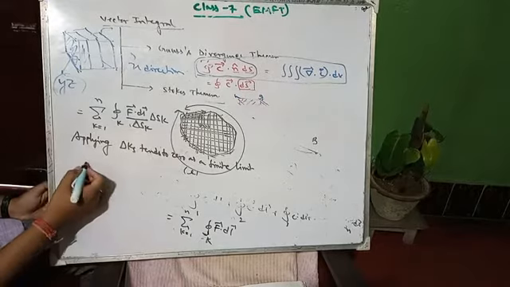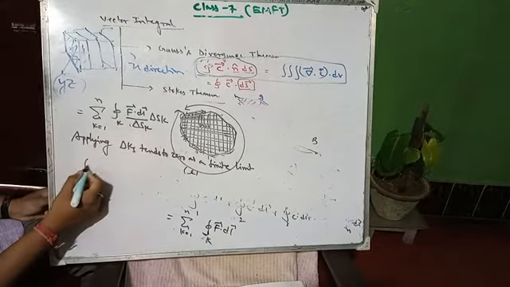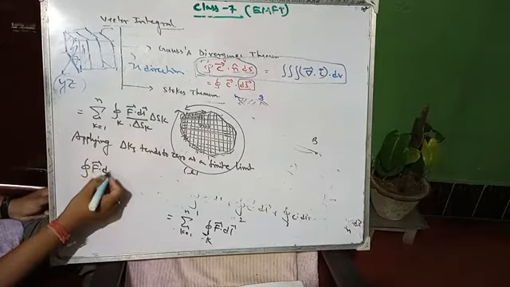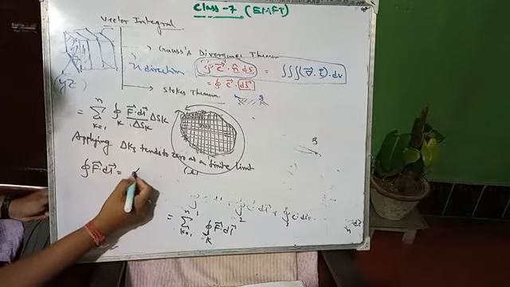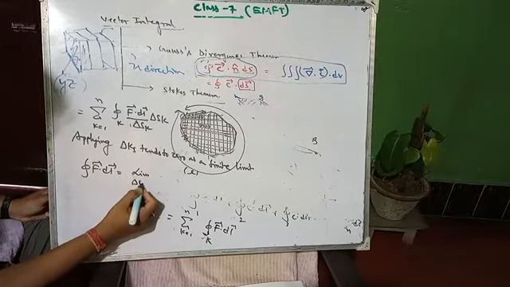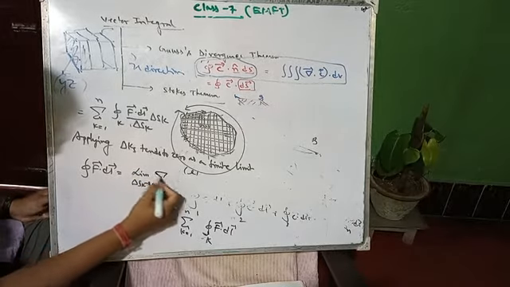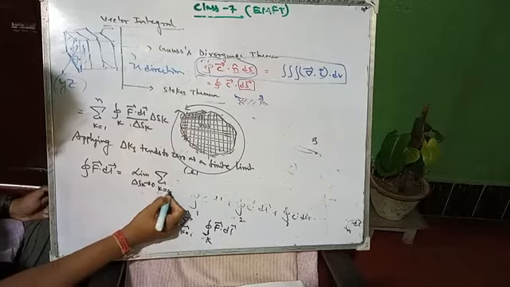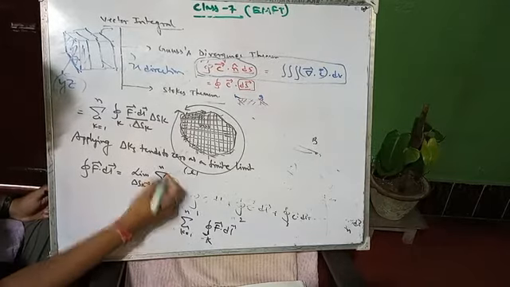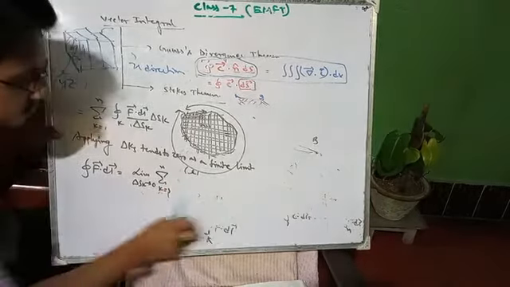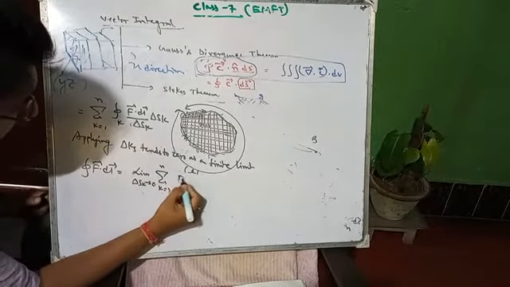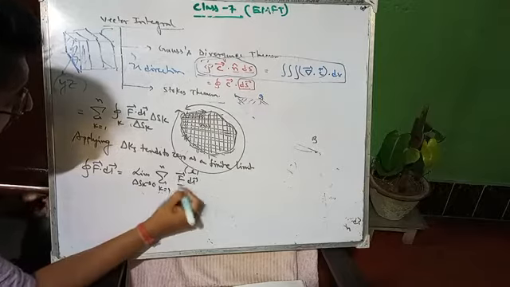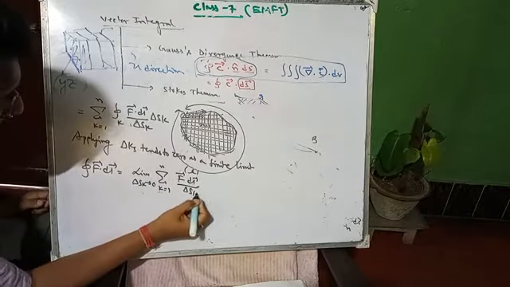If we apply that, then what happens? The closed line integration of f dot dl over the total one will equal the limit as del sk tends to 0 of the summation from k equals 1 to n of the closed line integration of f dot dl divided by del sk, into del sk.